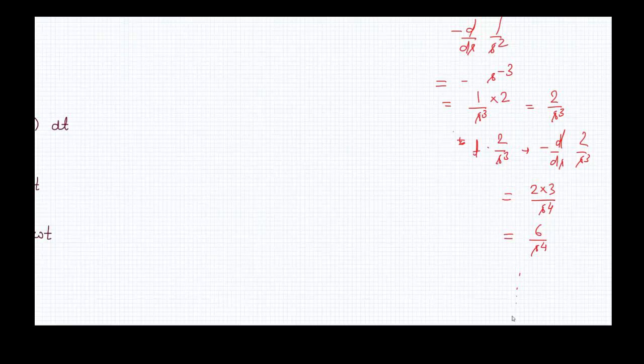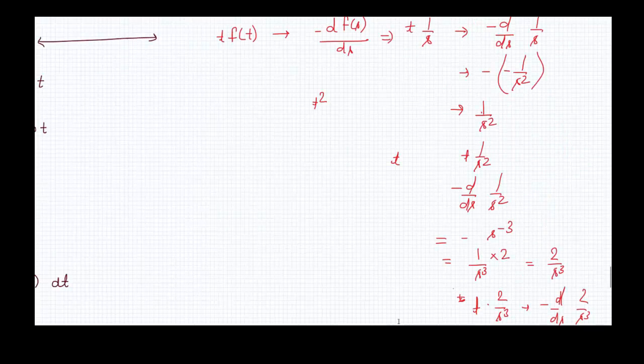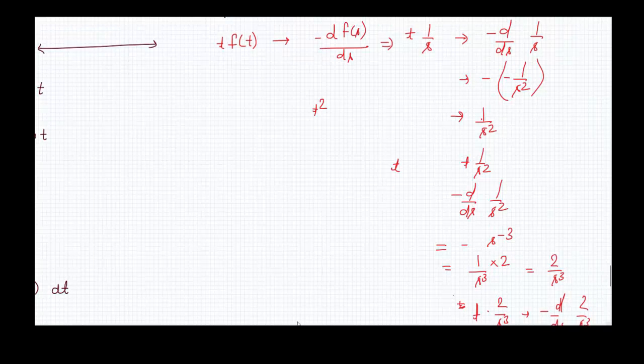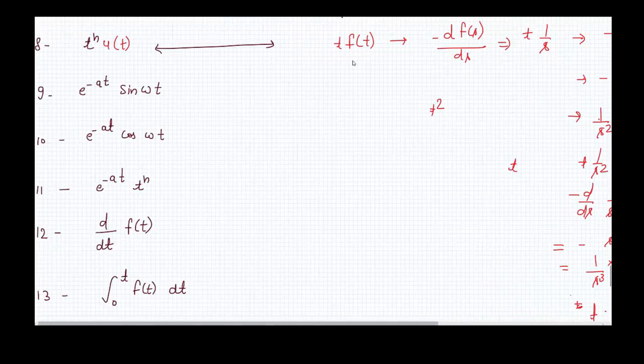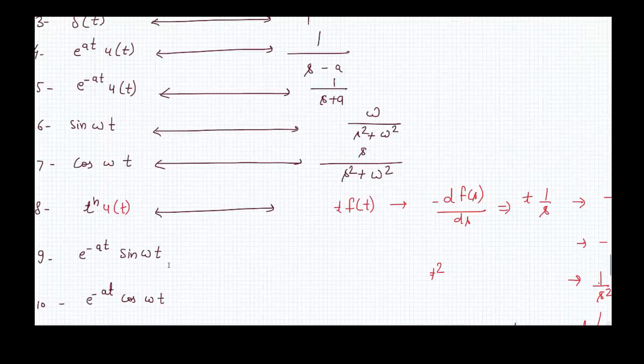Like this you will keep getting, and the final value at the end is factorial n divided by s to the power n plus 1.